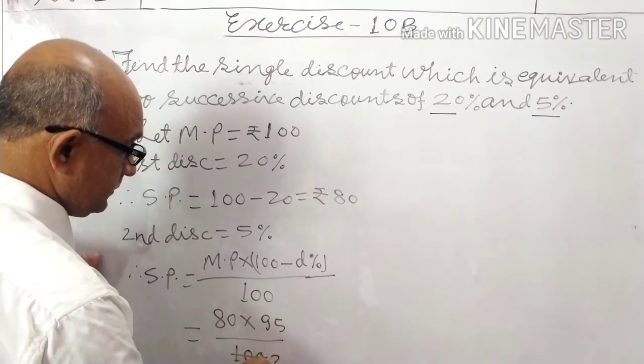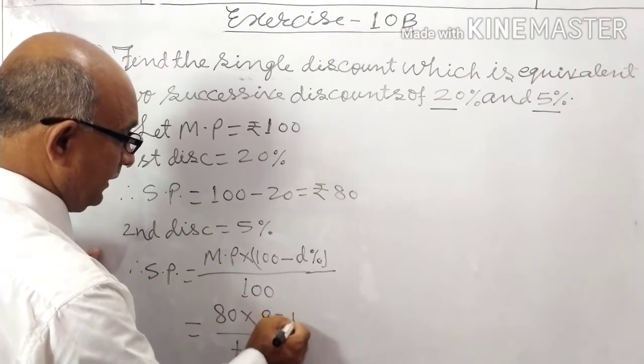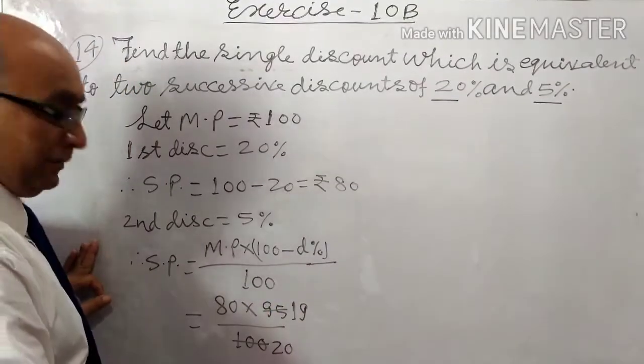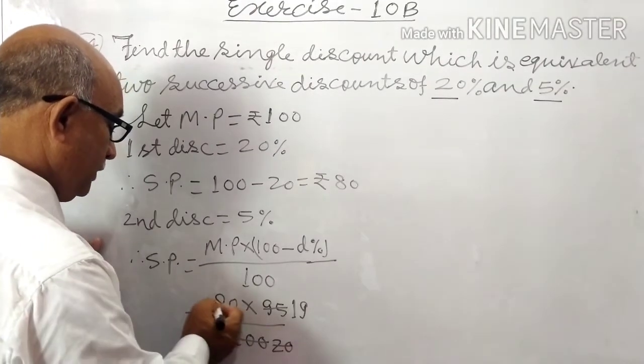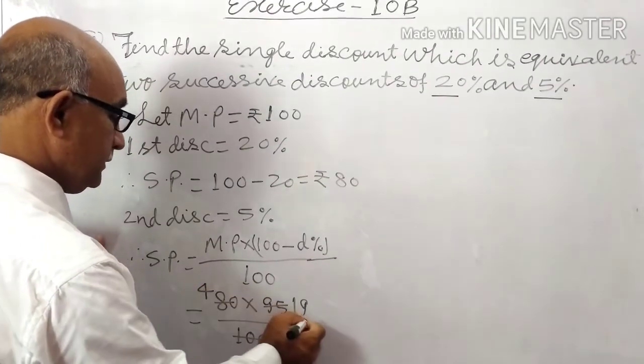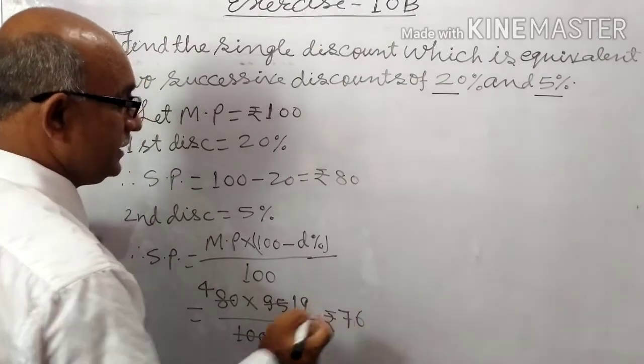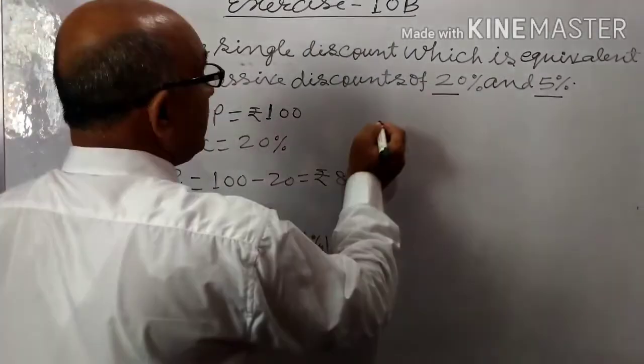Cancel it. 25 is 100 and 19 fives is 95, so equal to rupees 76.